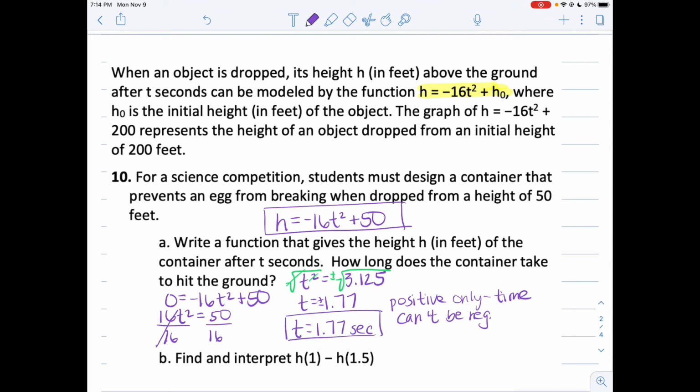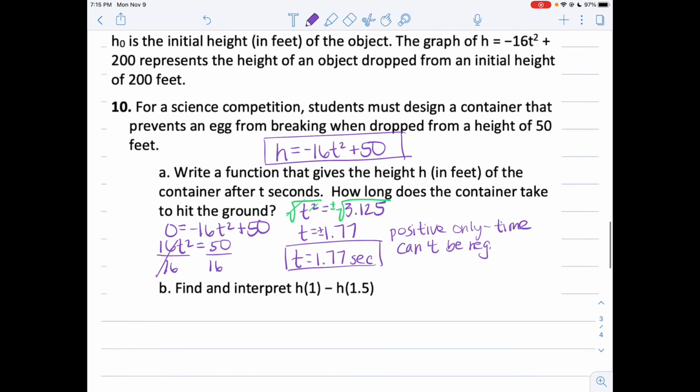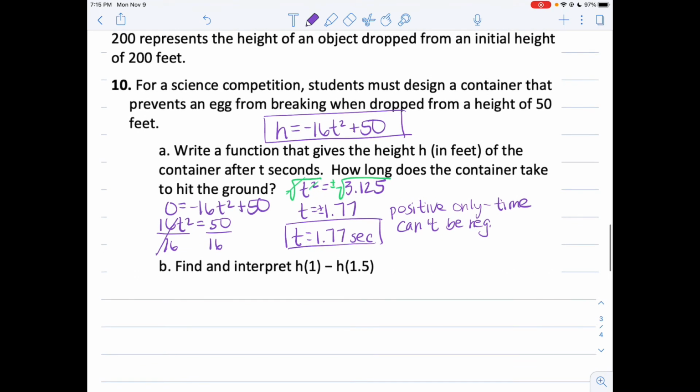Let's go ahead and look at part B, and it says find and interpret h(1) minus h(1.5). That simply means that we are going to plug in a 1 where we see t and see what h comes out to be, and then do the same thing with 1.5. So h of 1 is equal to negative 16 times 1 squared plus 50, and that's going to give us a value of 34.